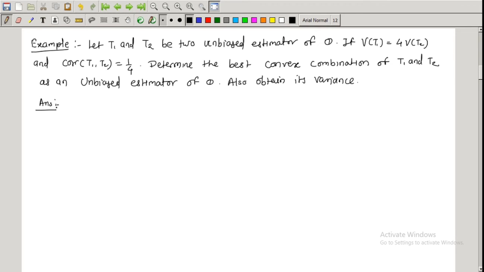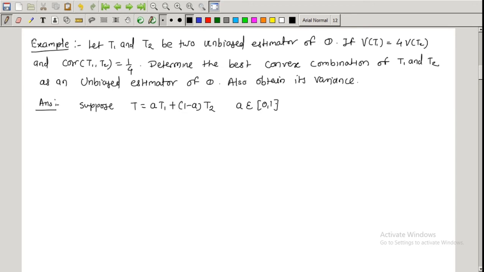we write that convex combination T is equal to A into T1 plus 1 minus A into T2, and the value of A belongs to the interval 0, 1.